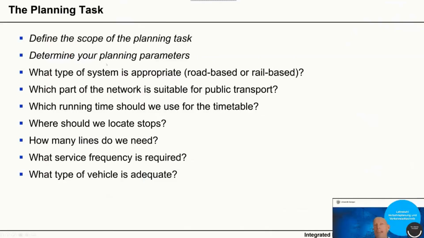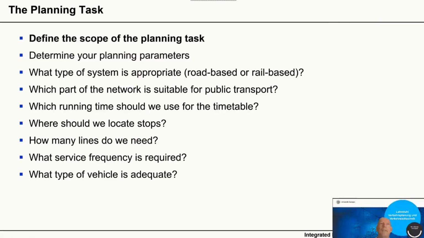They are not really related to the actual planning, but it's part of the planning process that you first define the scope of the planning task, and then you get everything ready you need, and I call that determine your planning parameters. Then we talk about the appropriate system, and we will go step by step through all the steps of a planning task.